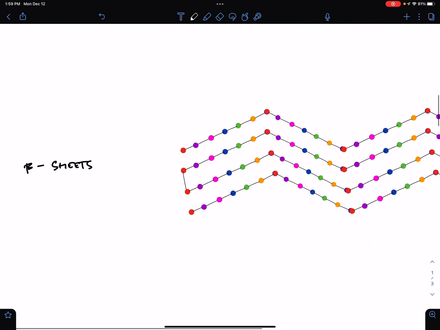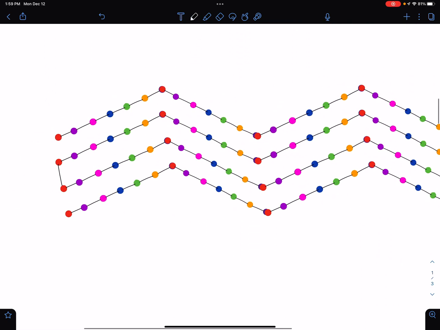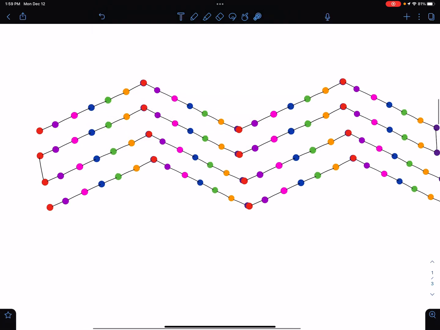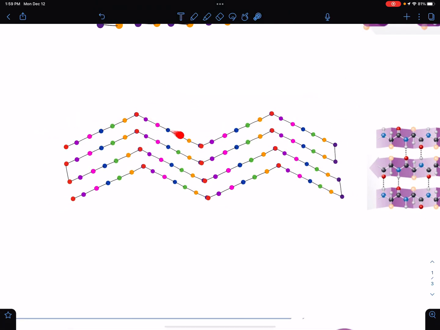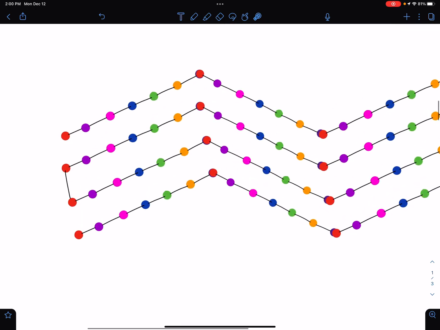And likewise, beta-pleated sheets do the exact same thing. If we took a linear chain, a polypeptide, and we folded it into this sheet-like pattern, like so, we would get what's called a beta sheet. And just like the alpha helix, these beta sheets are held in place through hydrogen bonds across the sheet.